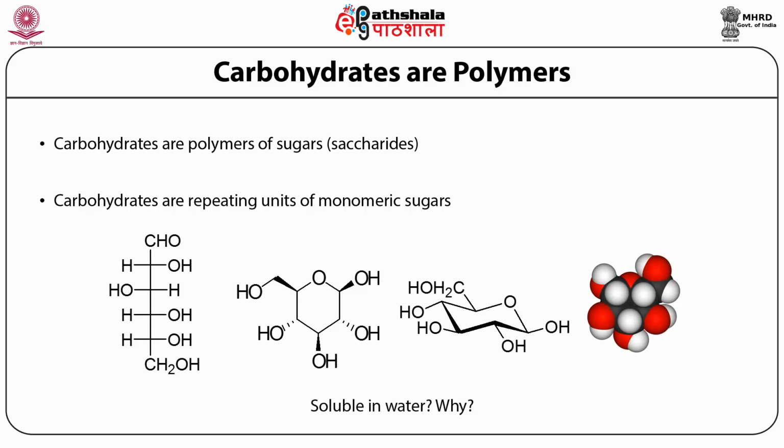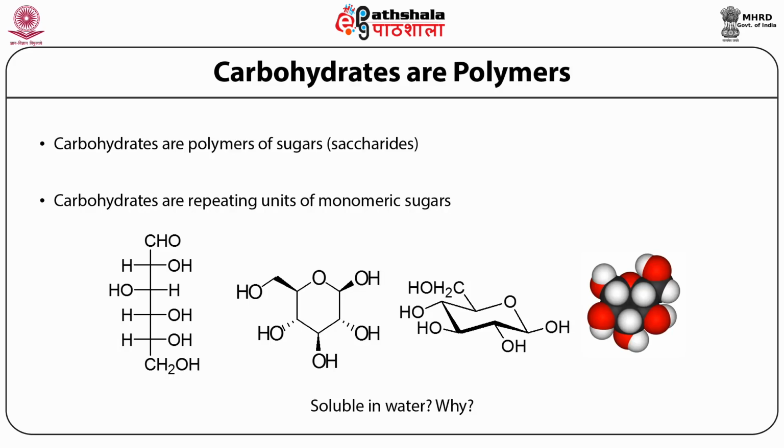Now, if you look at the structure of glucose, the question that comes to your mind would be, is this molecule soluble in water? And if it is soluble in water, what is the reason why it is soluble? One reason is the presence of the important functional group that shows up over and over again in this molecule, which is the hydroxyl group.